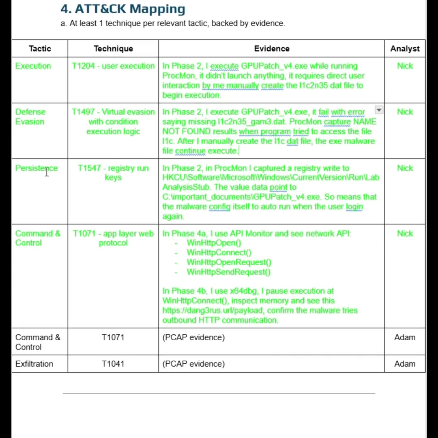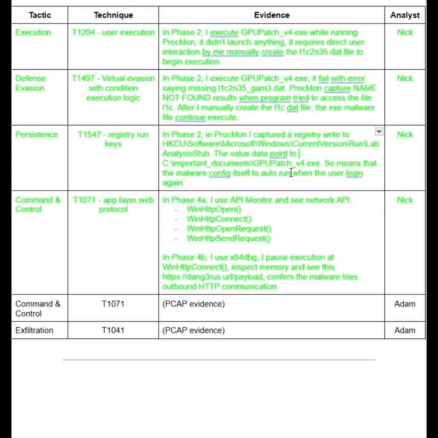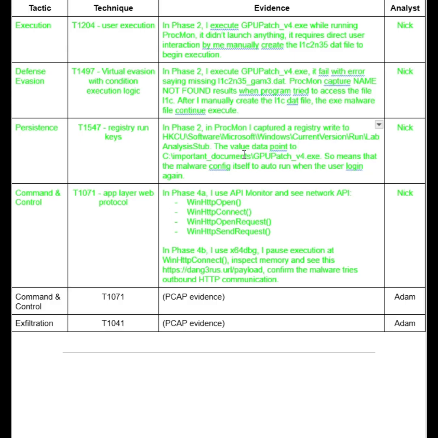Then about the persistence tactic, we're talking about the registry run keys, still in phase 2, where I used Procmon. And remember when I showed you the lab analysis stop, in the properties? There we found out that the malware configures itself to auto run when the user logs in again.